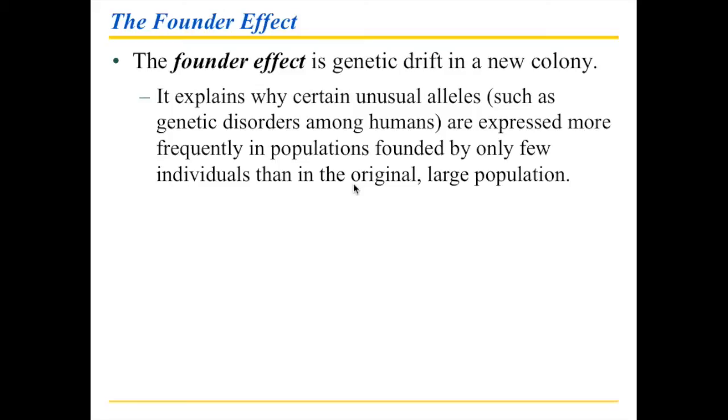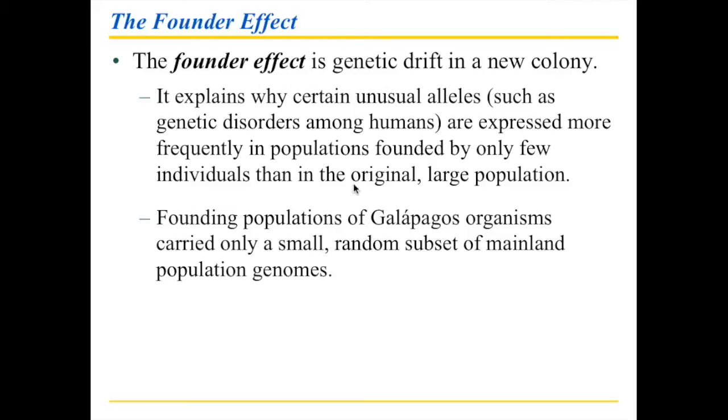And this is the kind of thing that may have happened in places like the Galapagos, where you had a mainland population with a lot of genetic variation, but only some individuals traveled across 1,000 kilometers to these islands and settled. And they were individuals that only carried with them a subset of the gene pool of the mainland population.